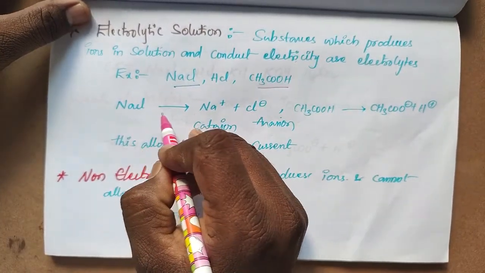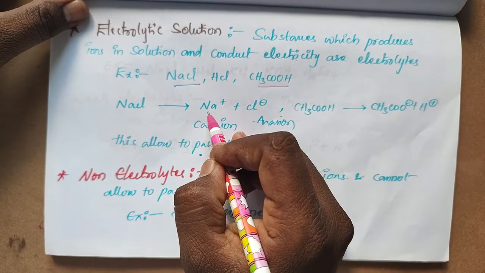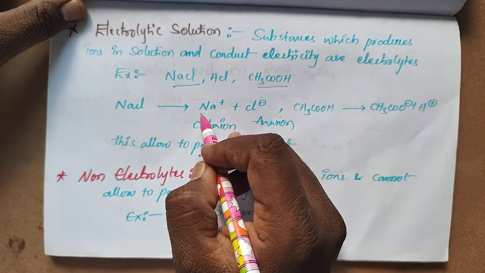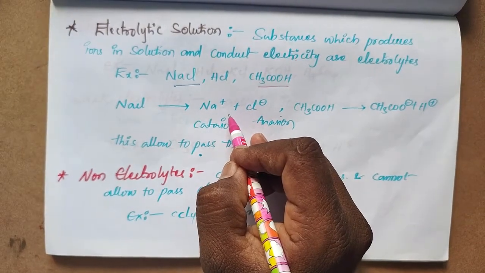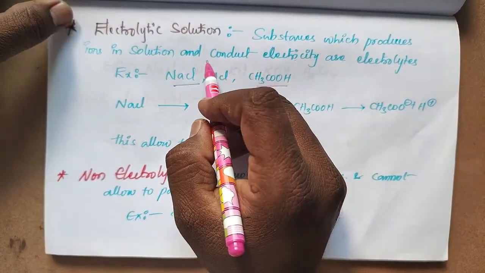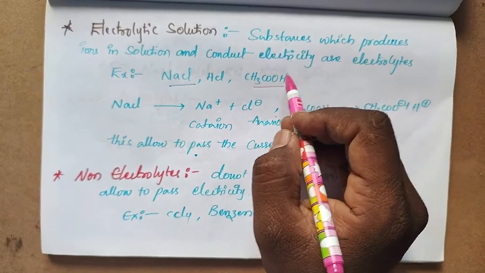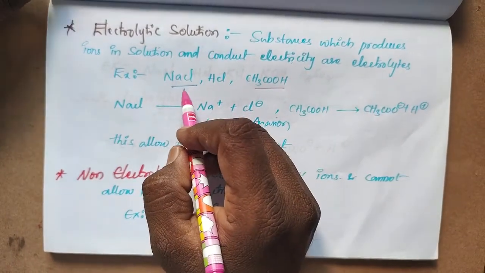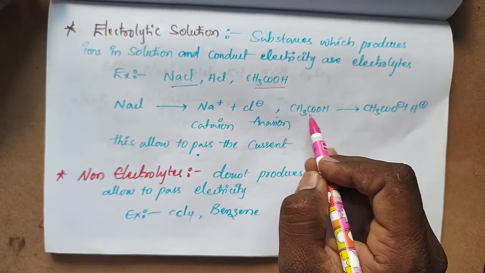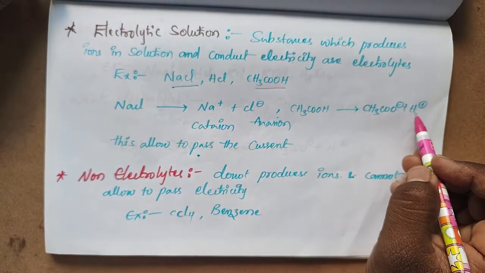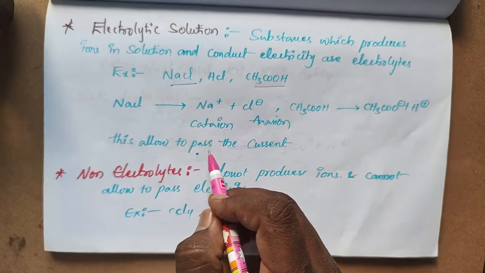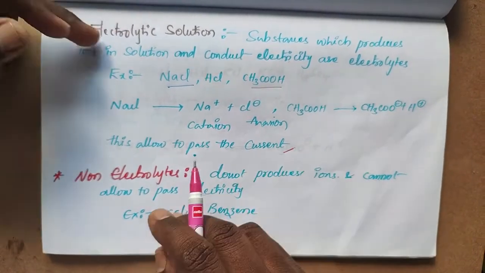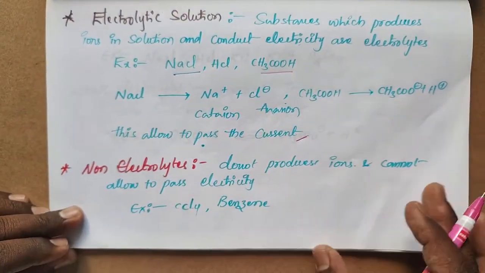They ionize, forming ions in solution, and conduct electricity. NaCl gives Na+ and Cl-, CH3COOH gives CH3COO- and H+, KCl gives K+ and Cl-. These allow current to pass, so those are called electrolytic solutions.